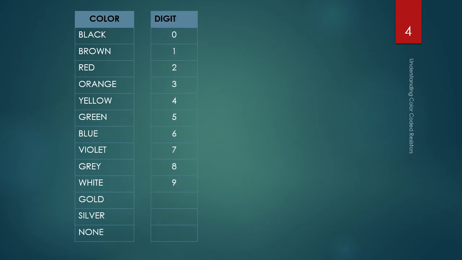For example, black is assigned a digit 0, brown is assigned a digit 1, red as 2, orange as 3, yellow as 4, green as 5, blue as 6, violet 7, gray 8, and white 9. The other two colors, that is gold and silver, are not assigned any particular significant digit.